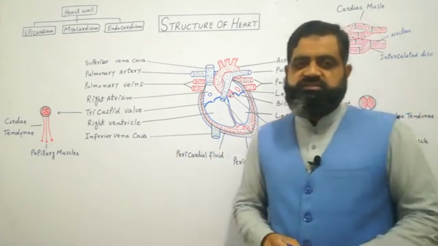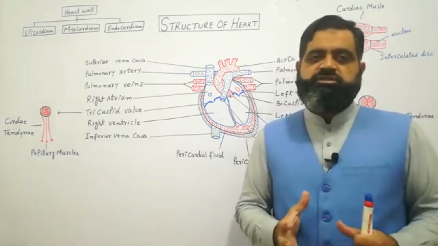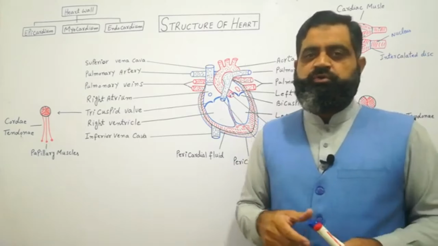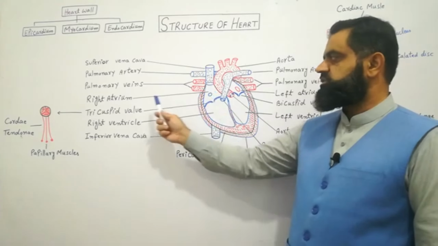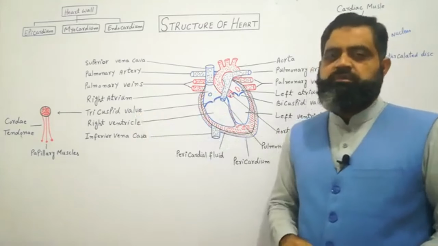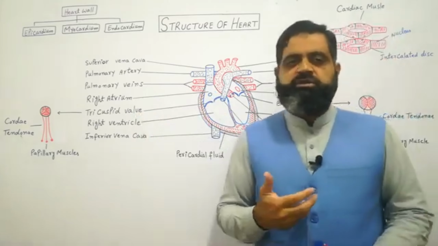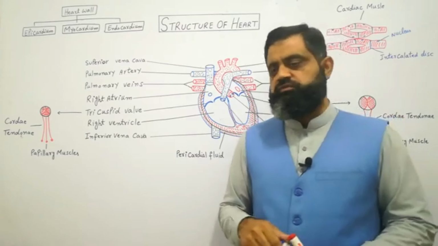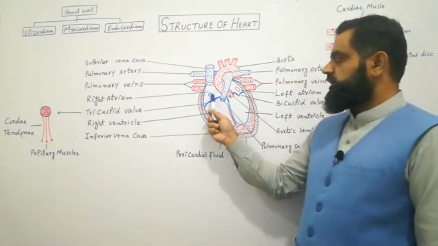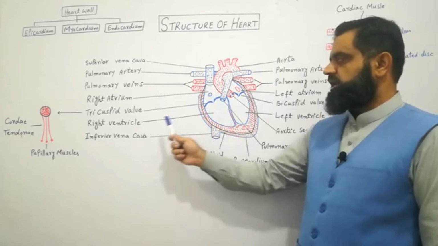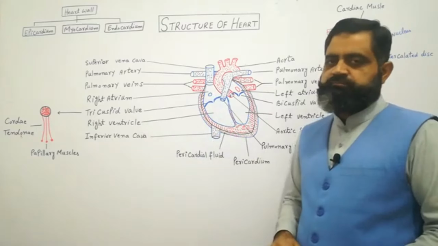Both these blood vessels bring deoxygenated blood from all over the body and pour this blood into this chamber, which is known as right atrium. It is right atrium because it is located on the right side of the body. This right atrium empties the blood into another chamber known as right ventricle.